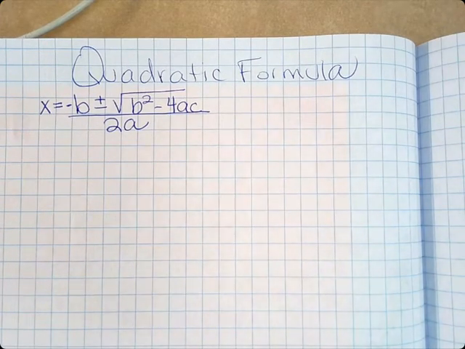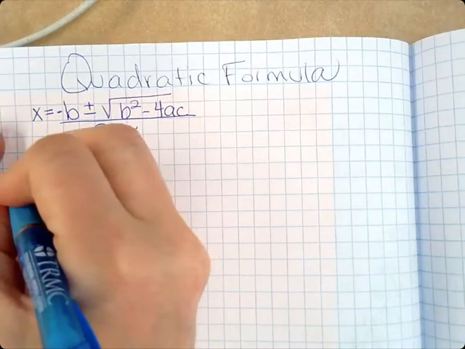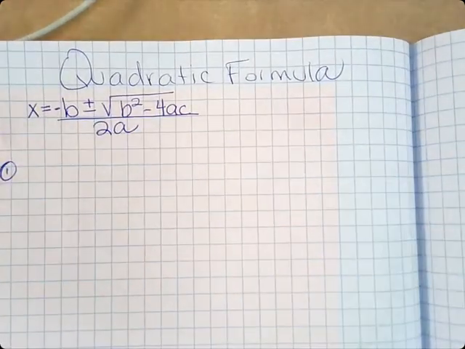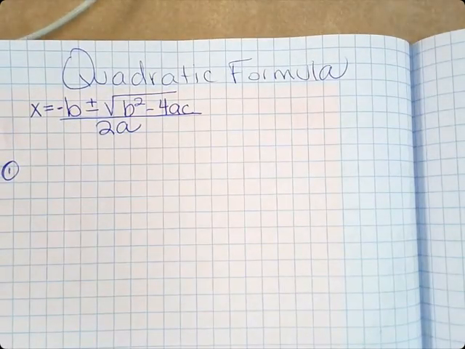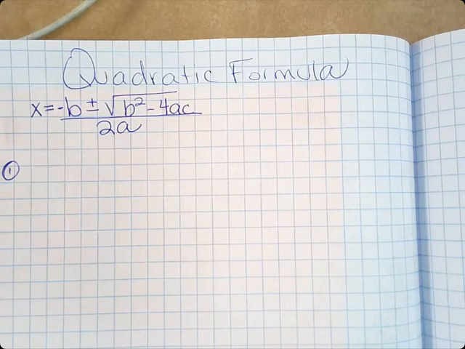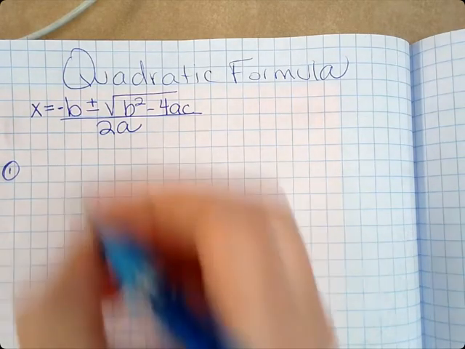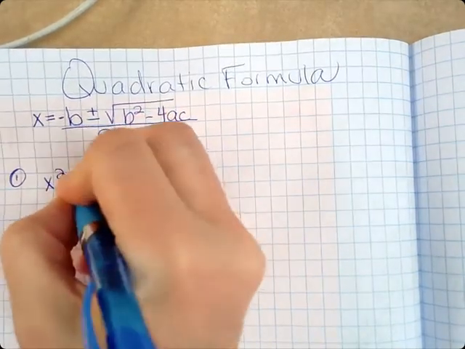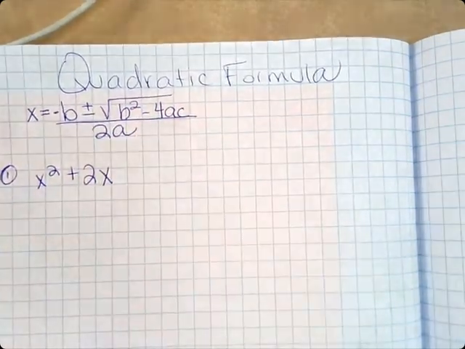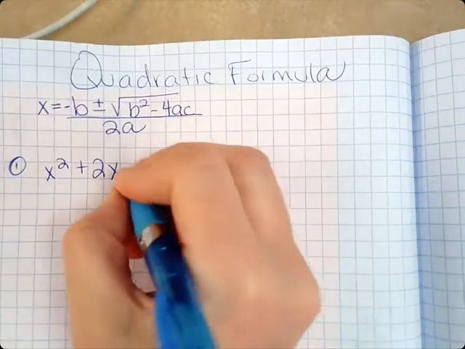Okay, so let's do an example. x squared plus 2x equals 9.